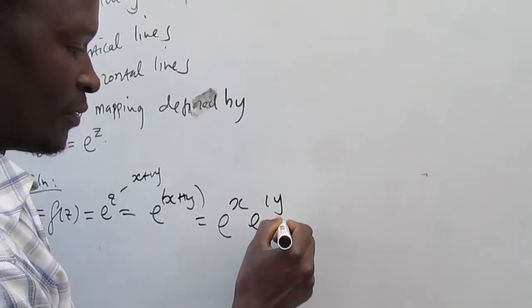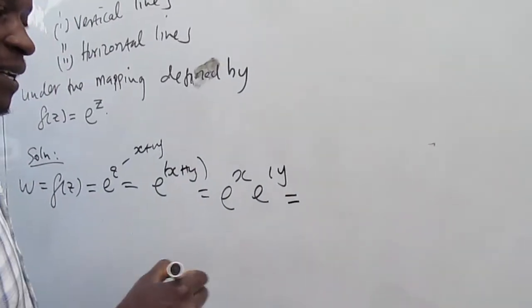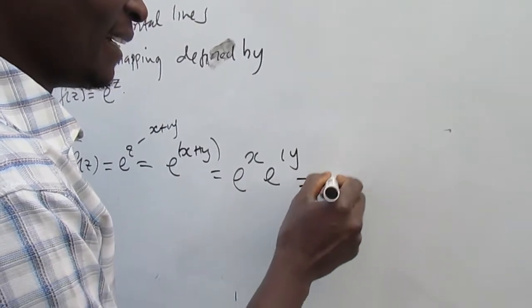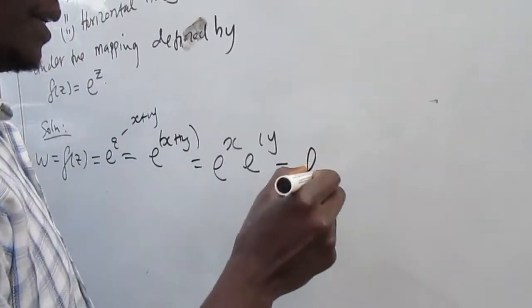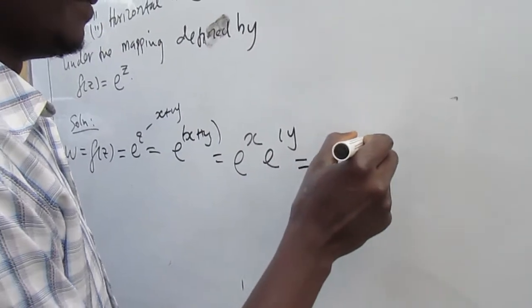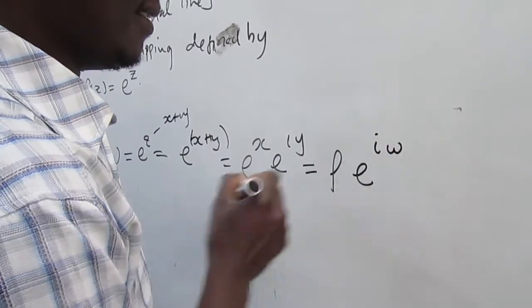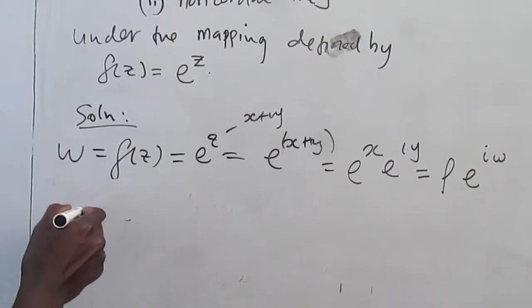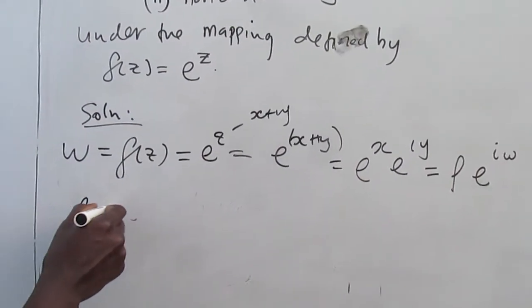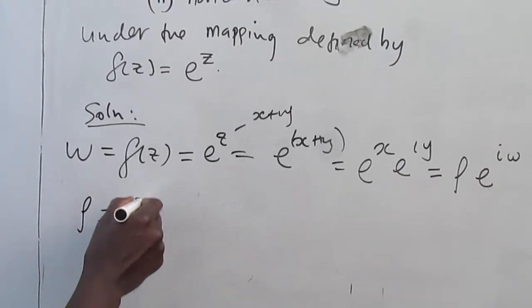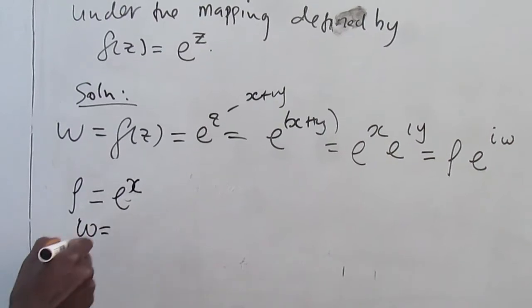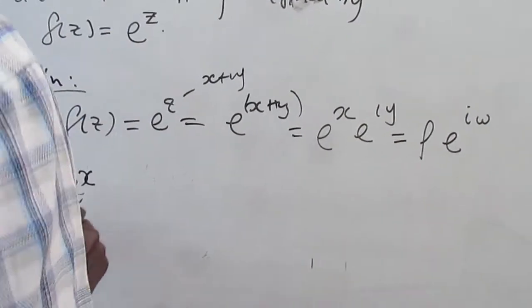And so we want to get the transformation functions, so we can compare this with the expression rho e to the power of i omega. And so the transformation functions are rho is equal to e to the x and omega is equal to y.